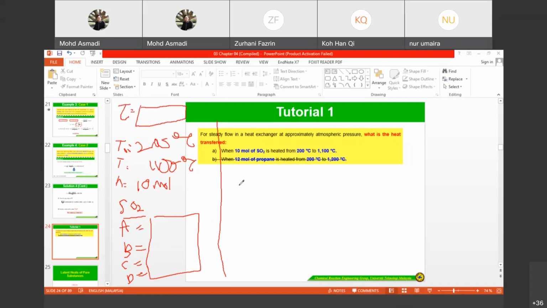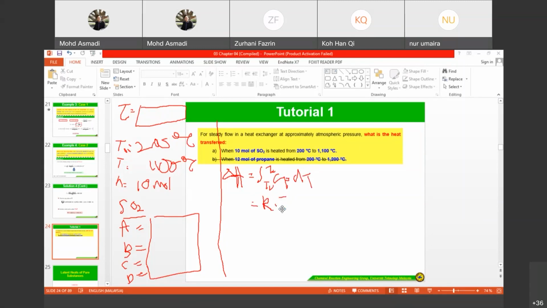From the equation, delta H equal to the integral from T1 to T2 of Cp dt, which is R times the integral.